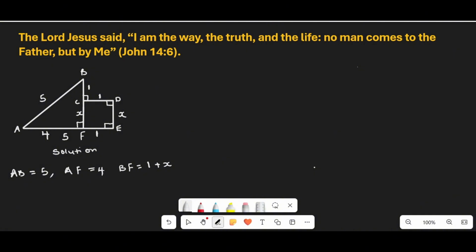is a right angle triangle, which implies that we can use Pythagorean theorem. And Pythagorean theorem says our AF squared plus BF squared equal to AB squared.